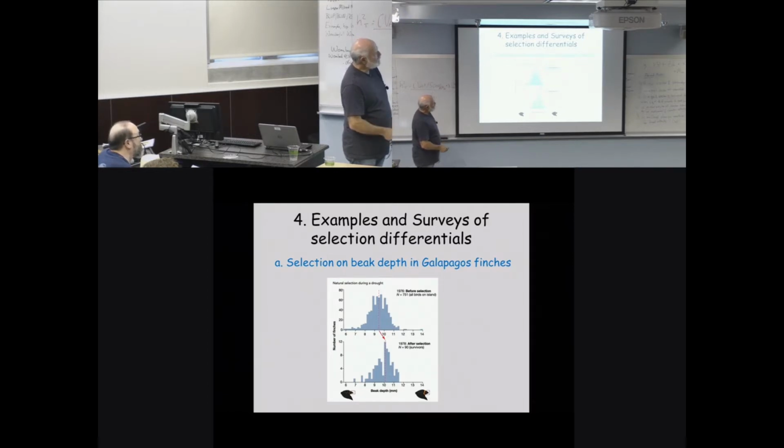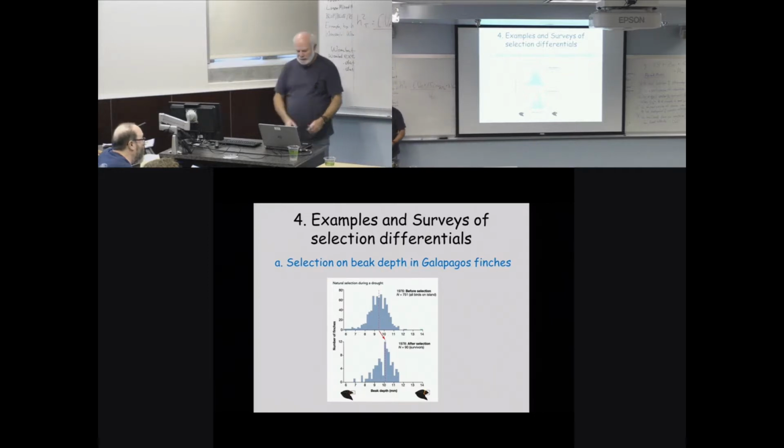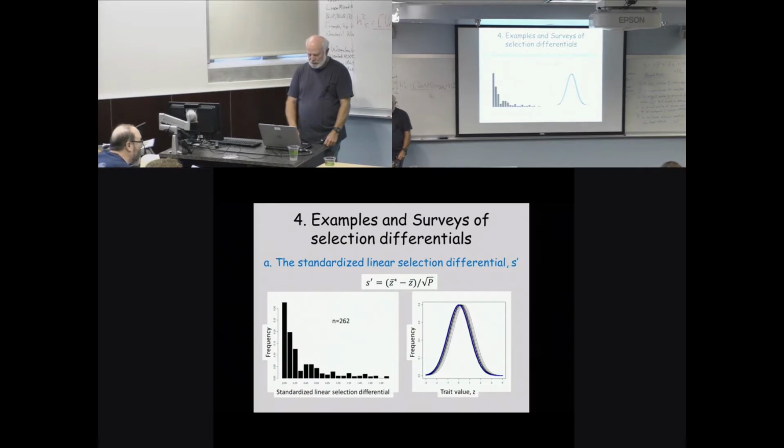And here's the distribution of beak depth before selection. Here it is after an episode of viability selection occasioned by a drought. And so that's the distribution after selection. And here's the shift in the mean. Now I would have drawn it as a nice short arrow, which more accurately represents S, but okay. So that's S. There's also a change in the variance here, which I haven't diagrammed.